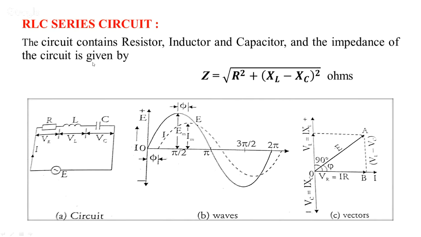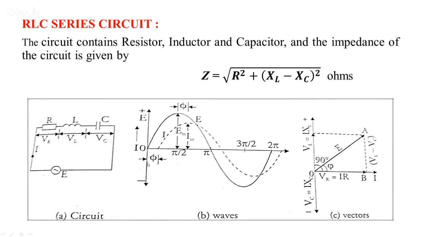And the impedance of such a circuit is given by Z equals root of R squared plus (XL minus XC) whole squared, and the unit is ohms. Here you can observe VR is the voltage drop across the resistance, VL is the voltage across the inductor, VC is the voltage across the capacitor, and I is the current through the circuit.